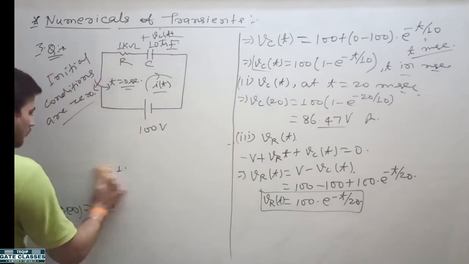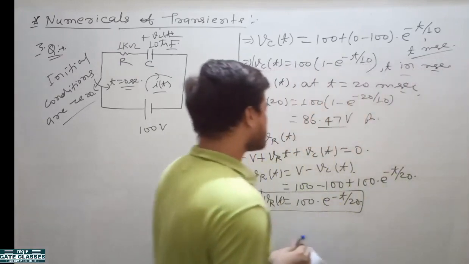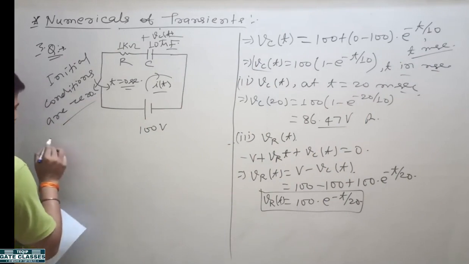Now come to the fourth question. They are asking you to find VR(t) at t equal to 20 millisecond.